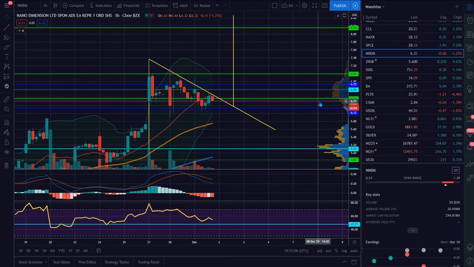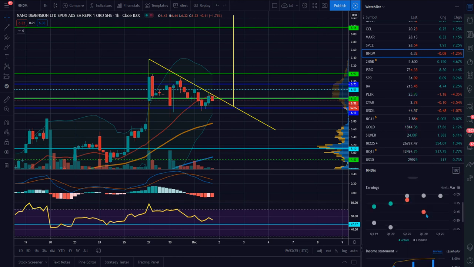Let's check it out real fast, NNDM. Yeah, Webull's showing a 15 million average volume. So TradingView and Webull and Google and all that, market caps are completely different, volumes are completely different.